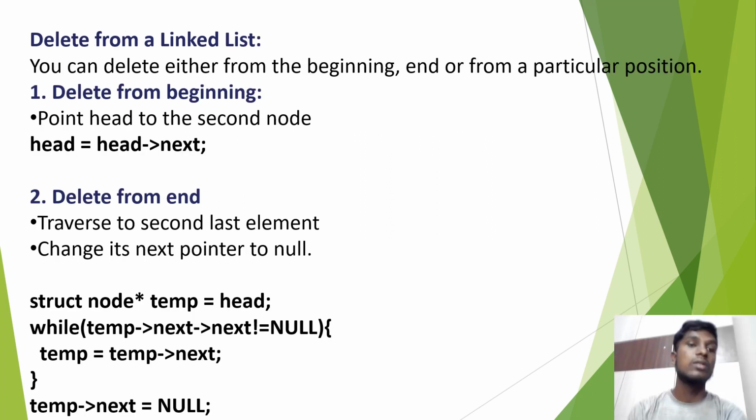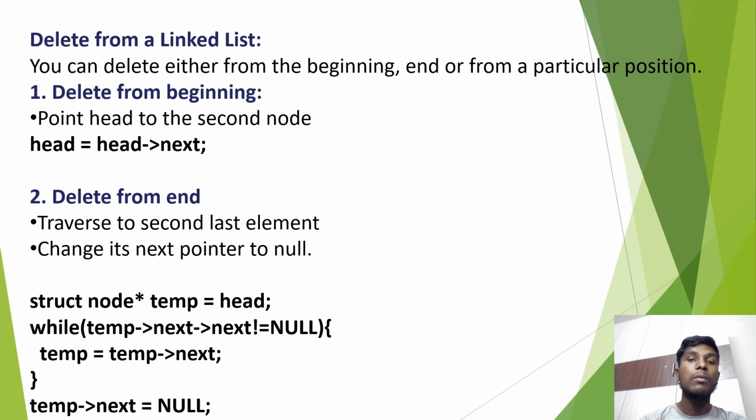Delete from a linked list: you can delete from the beginning, the end, or the middle. It is the same idea, but in insertion we add, whereas in deletion we remove an existing element which we inserted in the linked list. Delete from the beginning: point head to the second node.